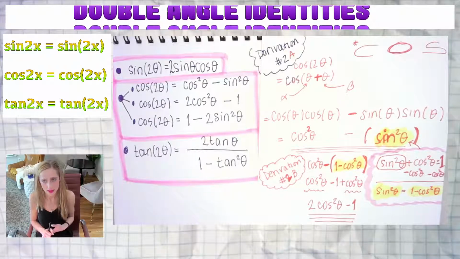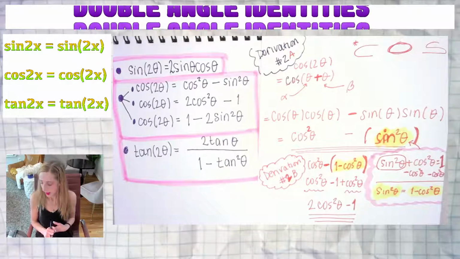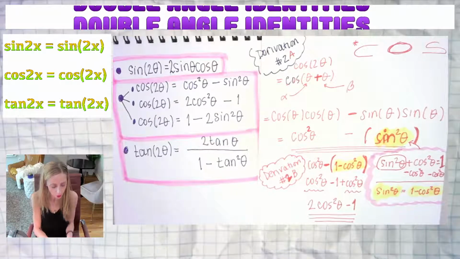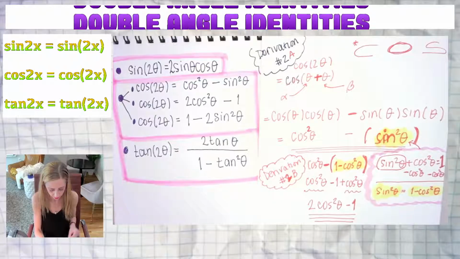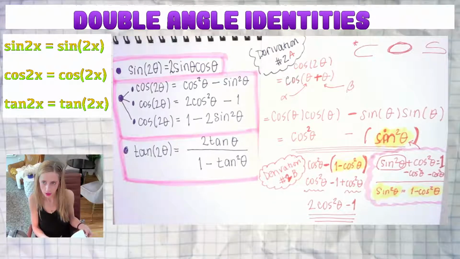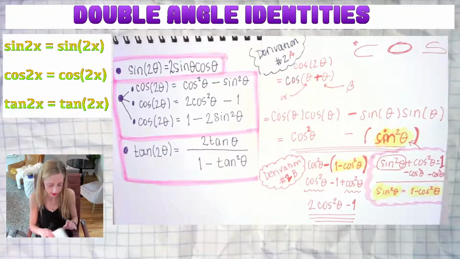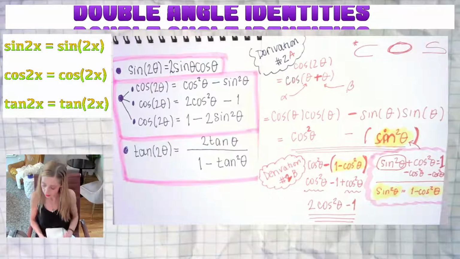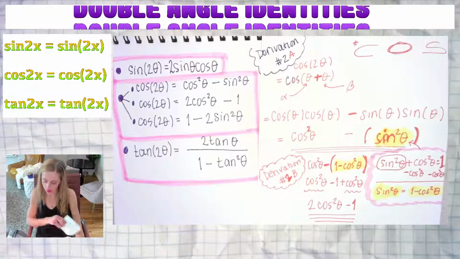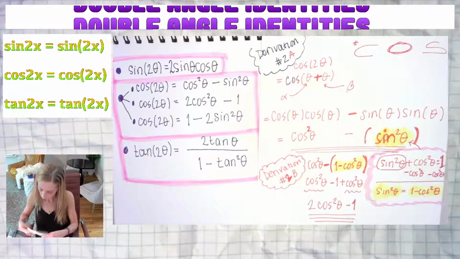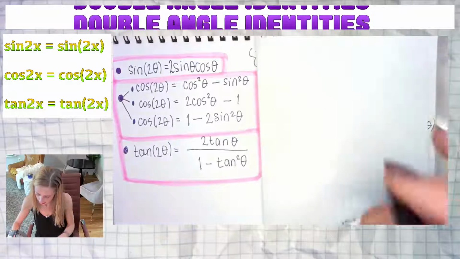I hope that step makes sense. And I hope you could already imagine exactly how we will do derivation 2c. Derivation 2c is exactly like derivation 2b, except just the other way around. So I will do that one just a bit faster for us.